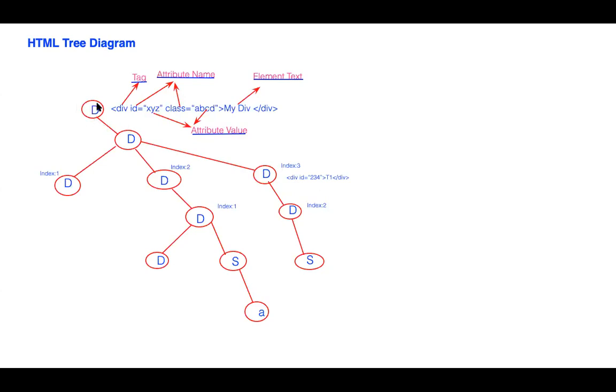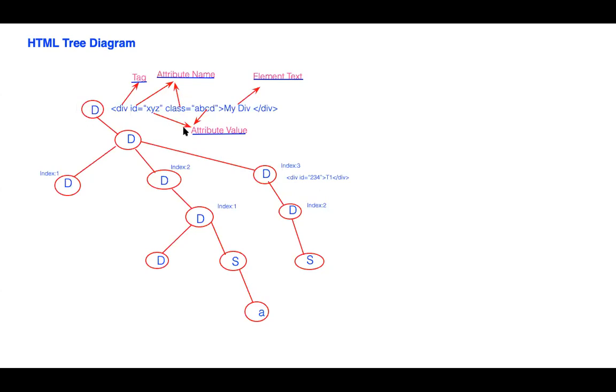For example, there's an element, and let's say this is a div element. This div is called the tag. This ID, class, these are its attributes, and these are its values. You can understand it in the form of an object. An object has some specific properties.